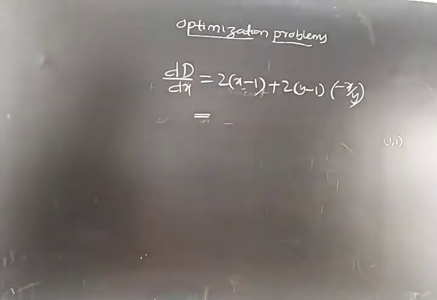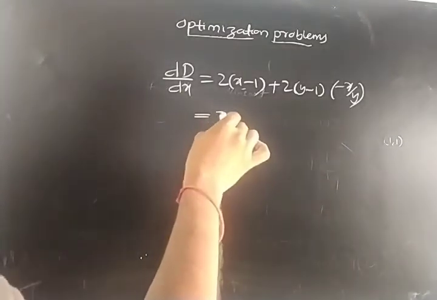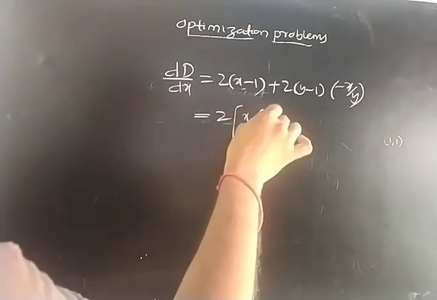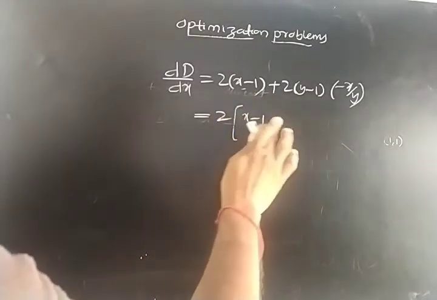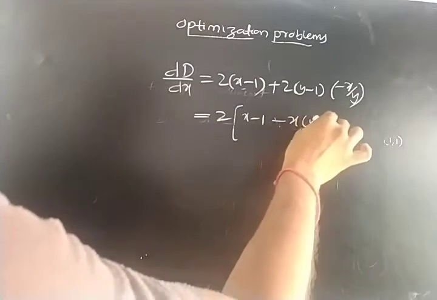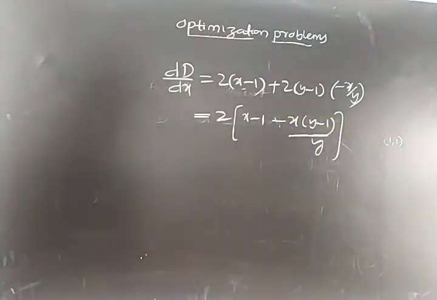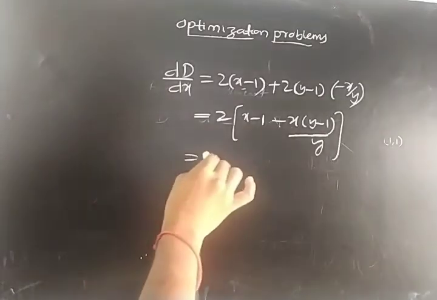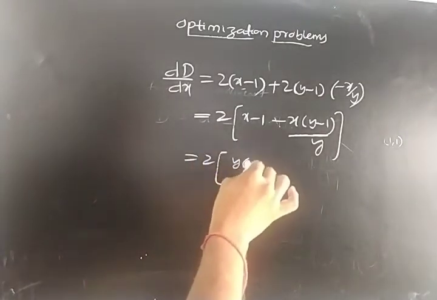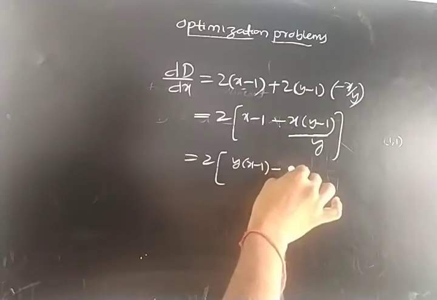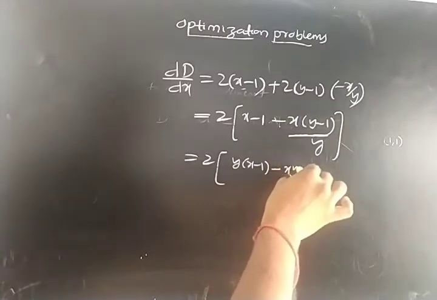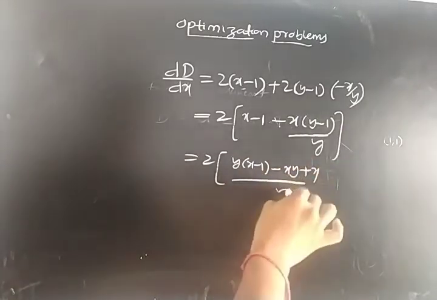So by simplifying, what will we get? Taking 2 common, x minus 1 plus minus x into y minus 1 by y. By taking LCM, 2 into y into x minus 1 minus xy plus x by y.